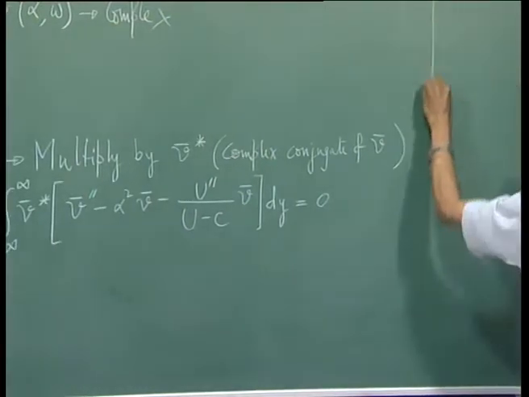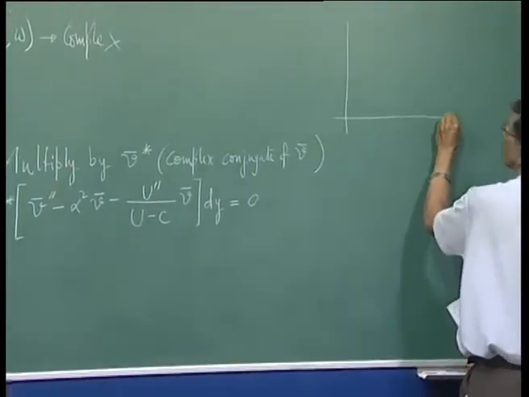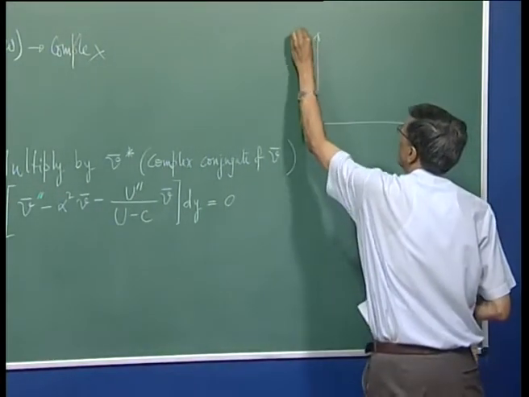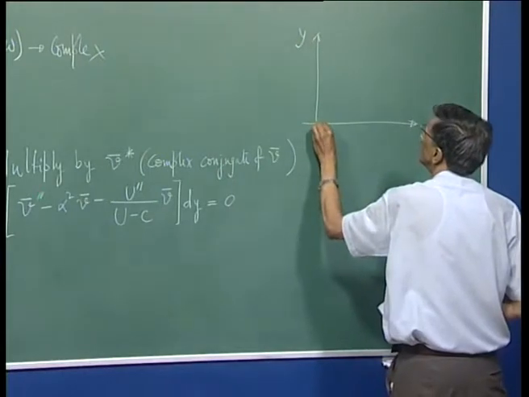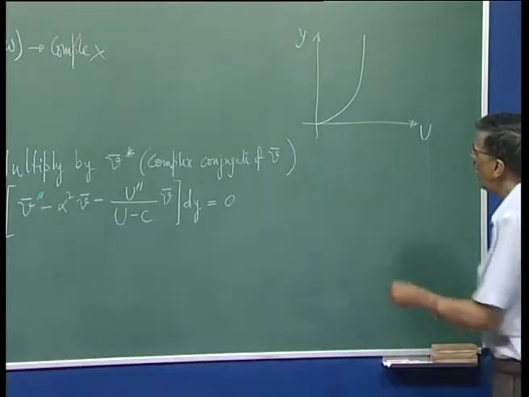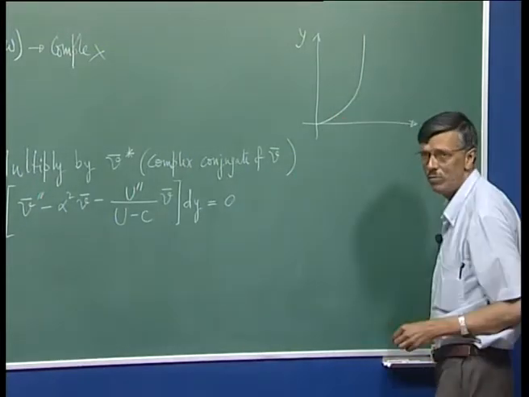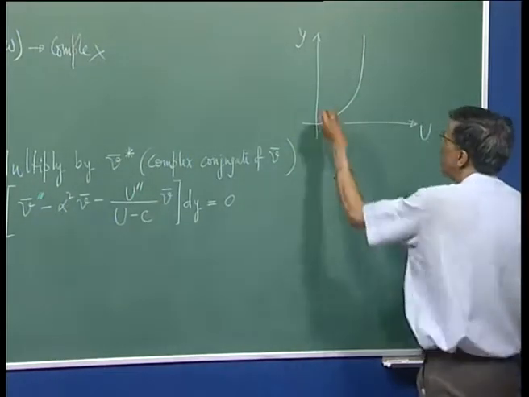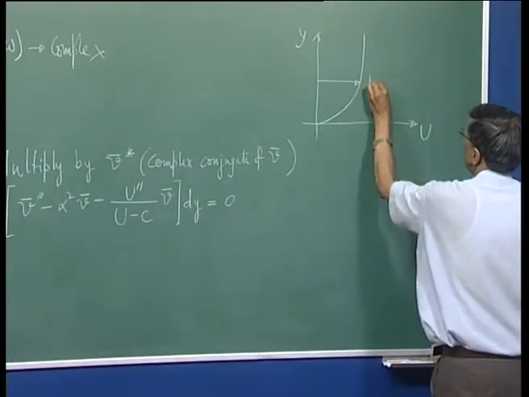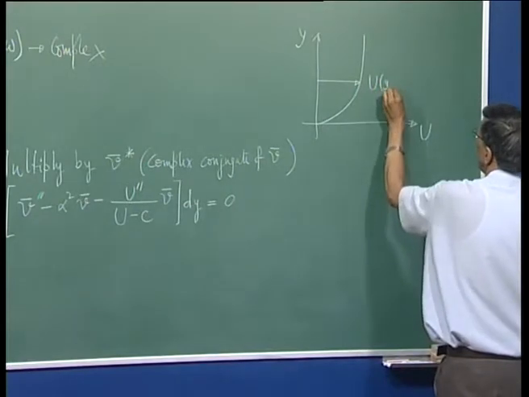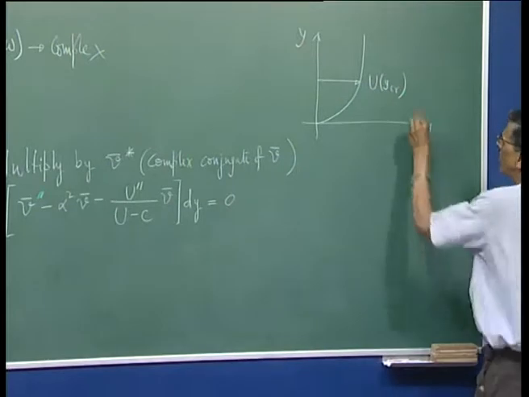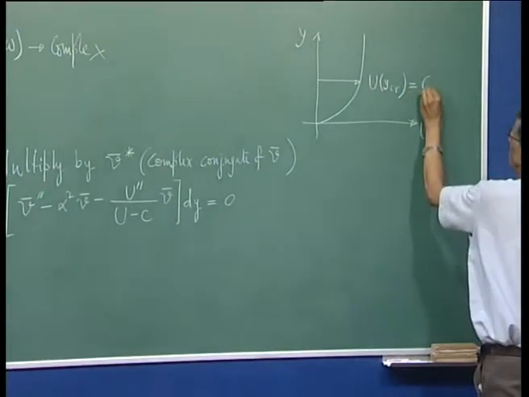You see, basically if I plot U versus y, then I could get a profile like this. So, at each height I have a value of U. At some height I could have U of y, which I will call the critical height, where that should be equal to c_r.